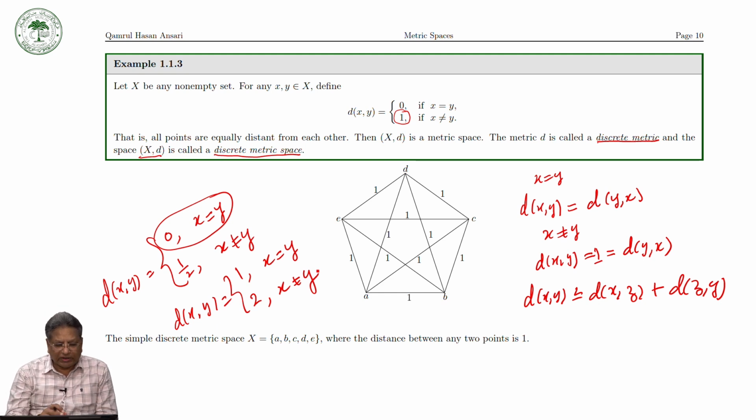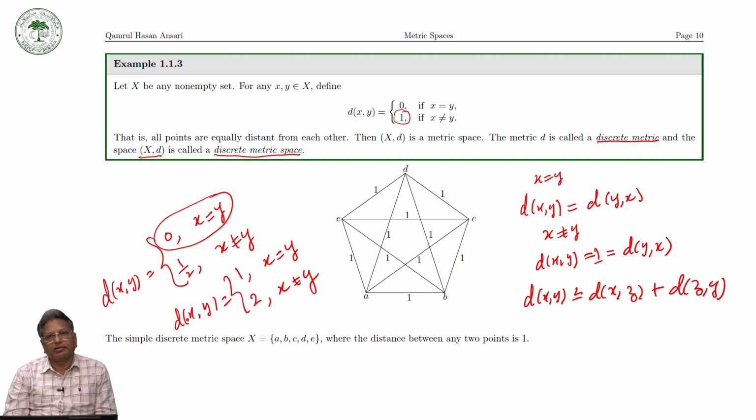Because whatever x and y are, of course, d(x,y) is always greater than or equal to 0. But d(x,y) is equal to 0 if and only if x is equal to y. So if x is equal to y, d(x,y) is 1. It is not 0. So it is not satisfying the second property, that is your M2 property, and therefore this is not a metric.